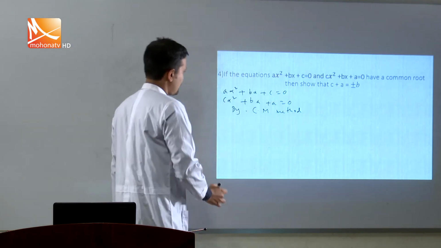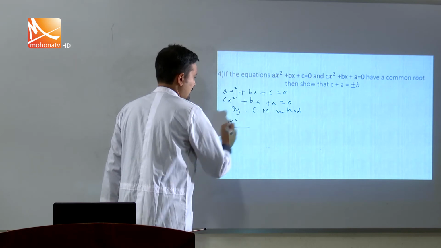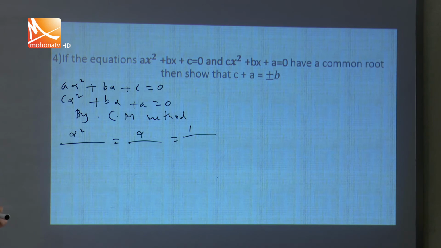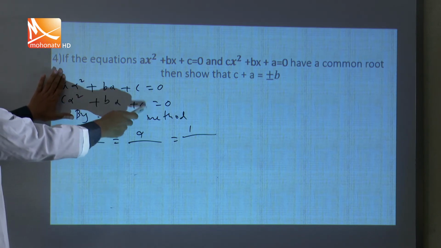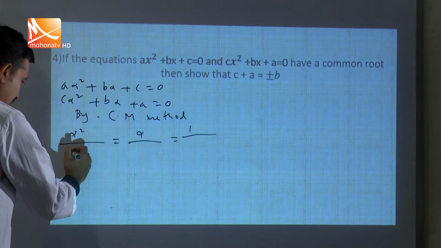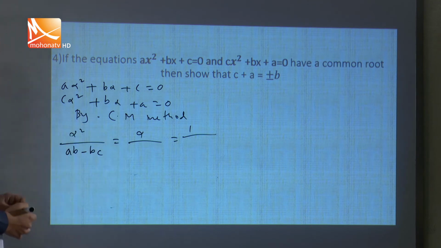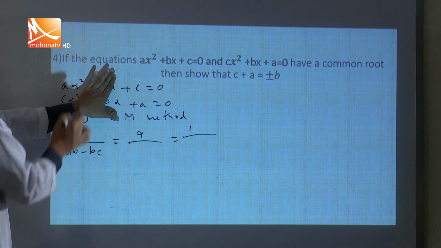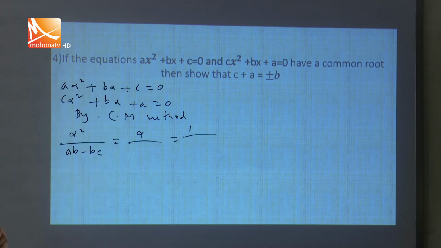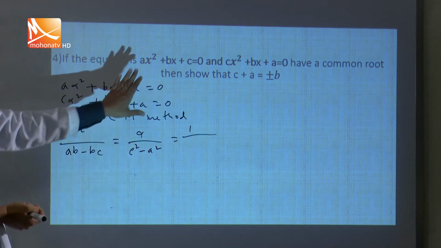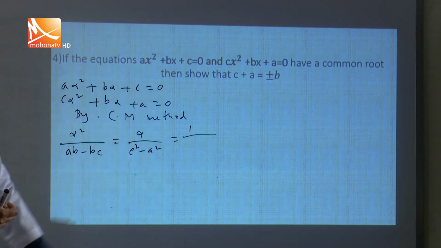we get alpha square divided by (ab minus bc) equals alpha divided by (c square minus a square) equals 1 divided by (ab minus bc).